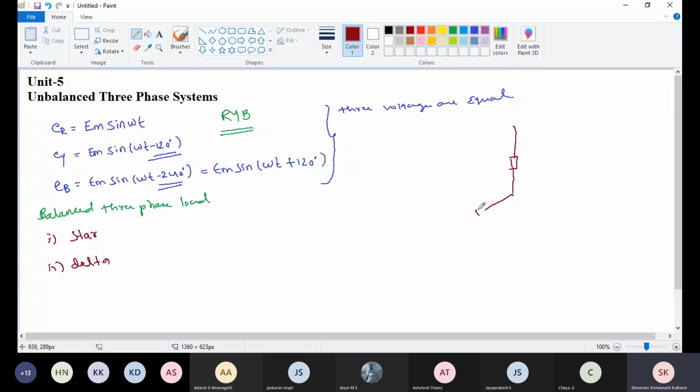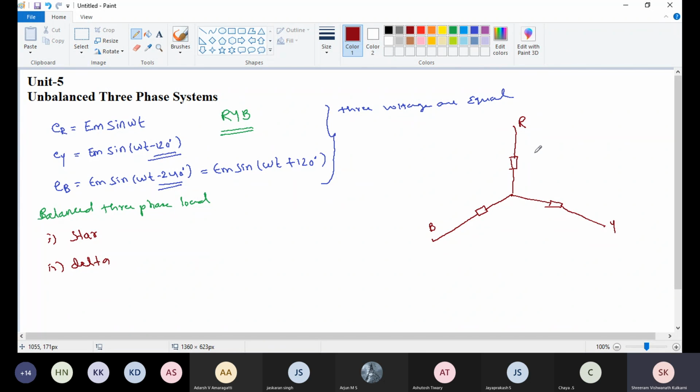I can connect a balanced three-phase load in star as well as delta. Now I draw one star connected load here. This one is R, this one is Y, this one is B.